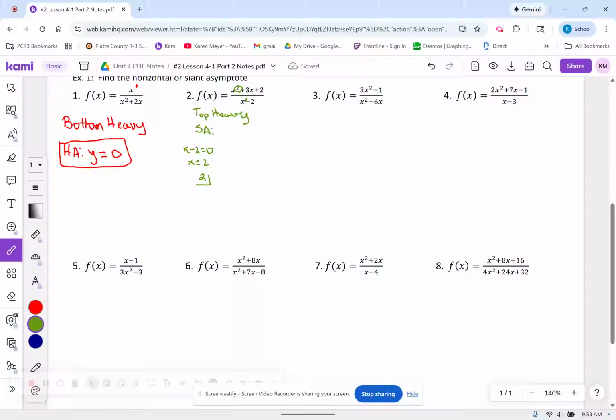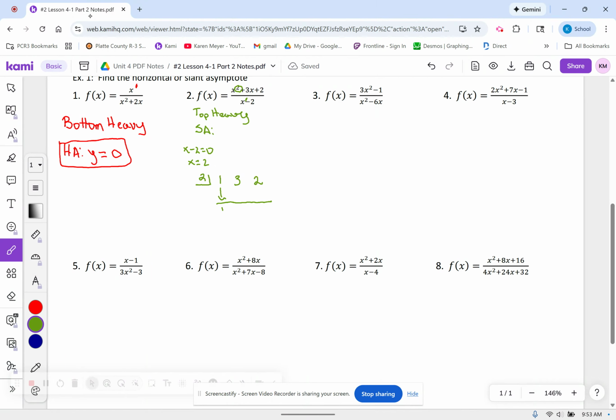The numbers that you put off to the side are the coefficients from the top of your fraction. On the top, in front of x squared is a 1, in front of x is a 3, and your plain number is a 2. Those numbers come from the top.